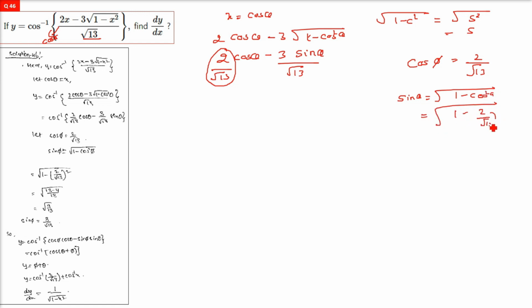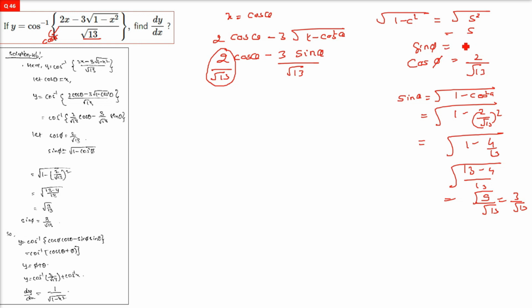Cos phi we have taken as 2 by under root 13, square it. So you get 4 by 13. 1 minus 4 by 13. So it will be 13 minus 4 by 13, which eventually comes to under root 9 by under root 13, 3 by under root 13. So if we put cos phi as 2 by root 13, sin phi is going to be 3 by under root 13.